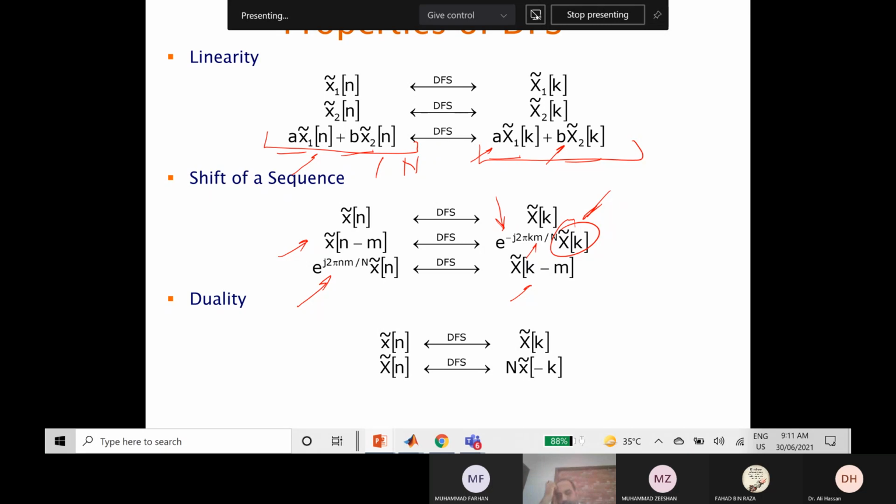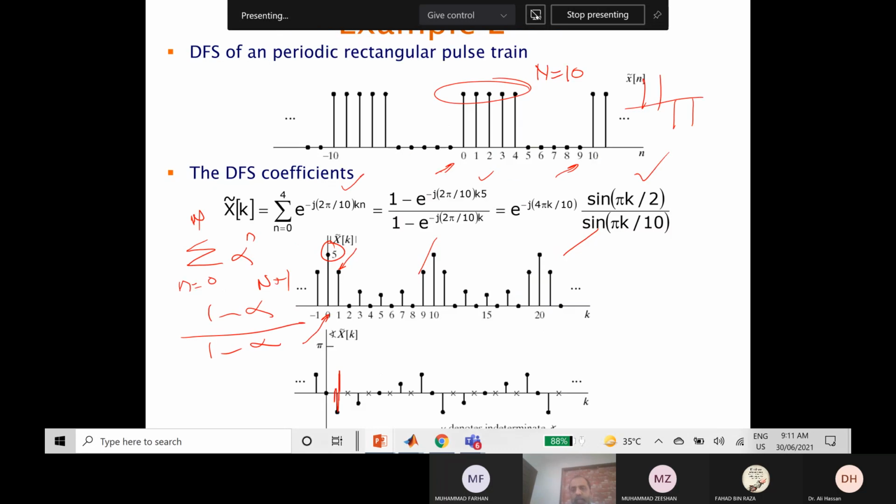Then there is a property which is not there in the discrete time Fourier transform. It's called the duality property. Why duality? Because once you take the discrete Fourier series, the coefficients also make a periodic signal. And if it is a periodic signal, then again you can take a discrete Fourier series, finding out the contribution of different cosines in this periodic signal.